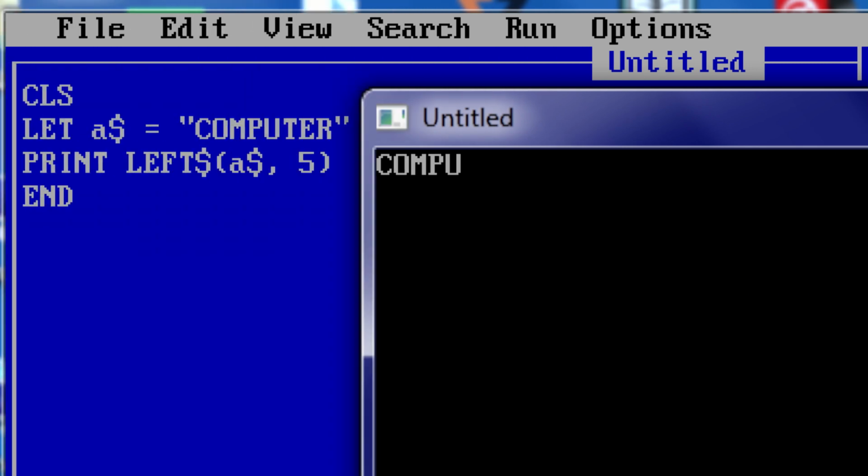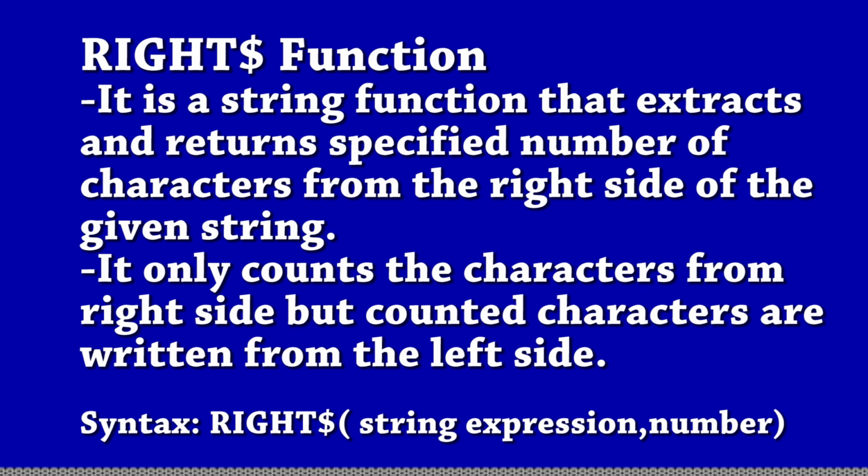In the example, you can see that A$ equals COMPUTER, and LEFT$(A$, 5). Here it is saying that you have to move 5 from the left side, means starting from C you have to count 5. Then you can see COMPU is the output. Another function is RIGHT$. It extracts and returns a specified number of characters from the right side of the given string, means it counts from the right side.